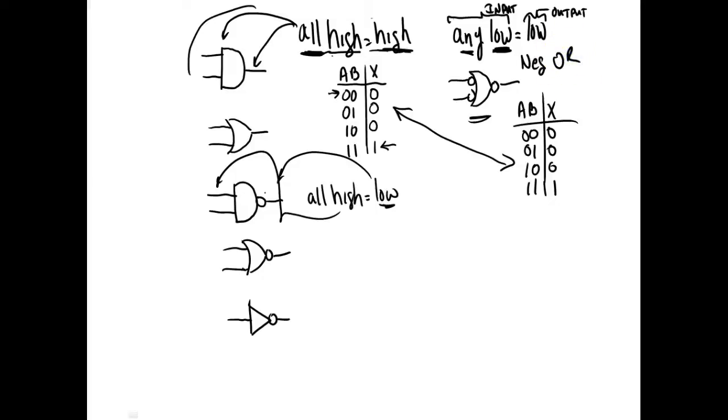But the problem is people jump on the bubble on the output to mean NOR and NAND, and that's not true. What determines if it's a NOR or a NAND is the active state of the input compared to the active state of the output. If they're the same, it's going to be an OR or an AND.